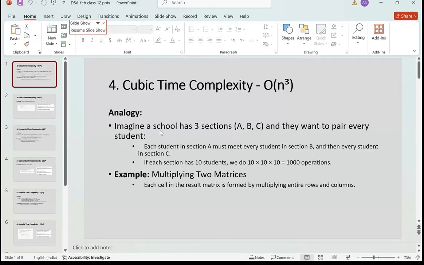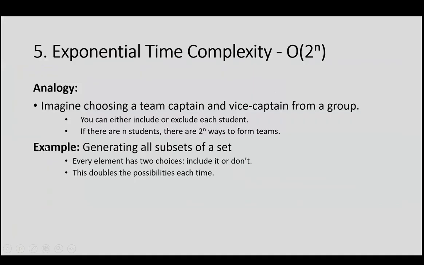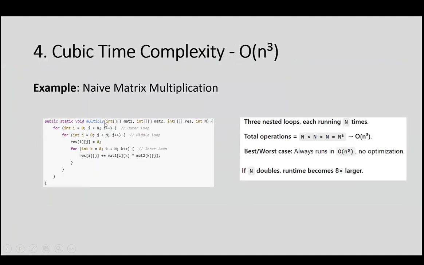In the code, we have public static void multiply, with int matrix1, int matrix2, and int result. Sorry, not a 2 by 2 matrix. It is giving us the dimensions. We are working with a matrix, right? So we need 2 dimensions.